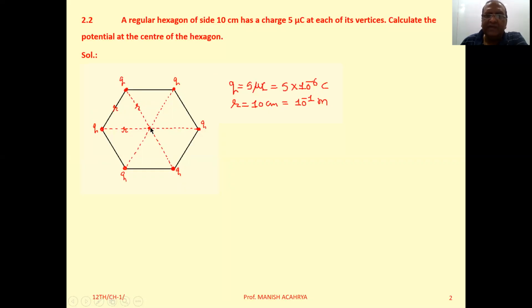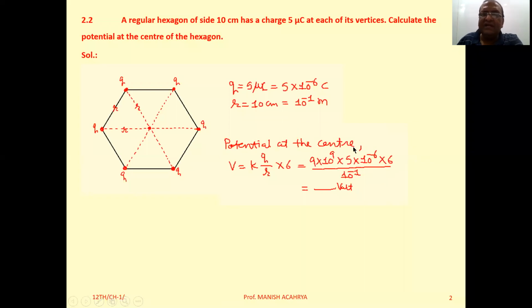But here in the figure you can see, for a hexagon, the center will be exactly at a distance equal to the length of the side, so r is also 10^-1 meter.